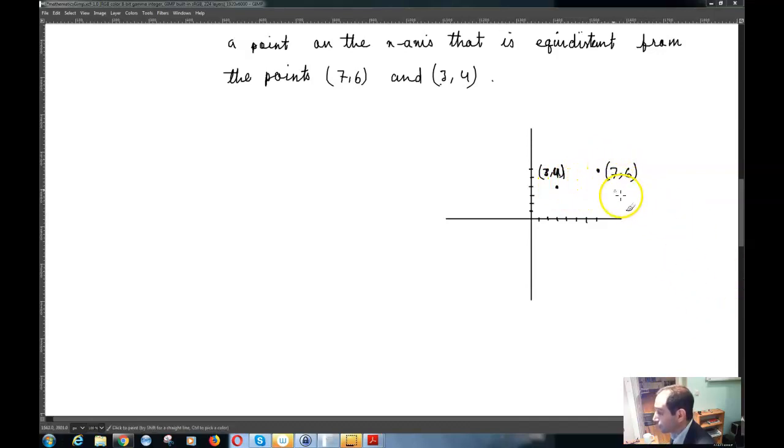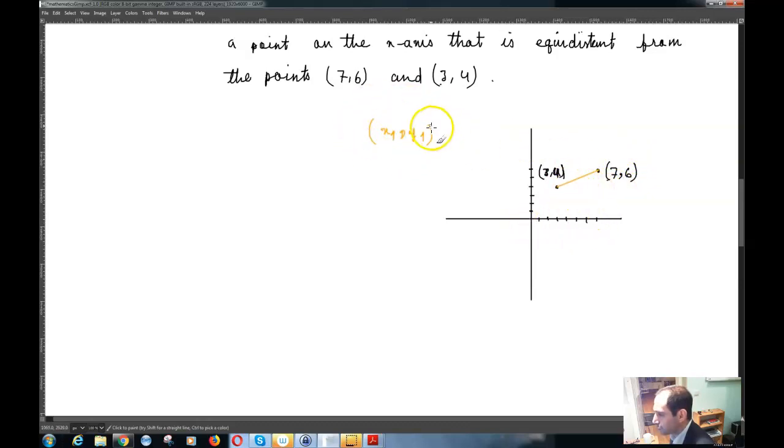Now what I can do is find the distance of this point from some point with coordinates, for example, x1, y1, and find the distance of the other point from the same point x1, y1.